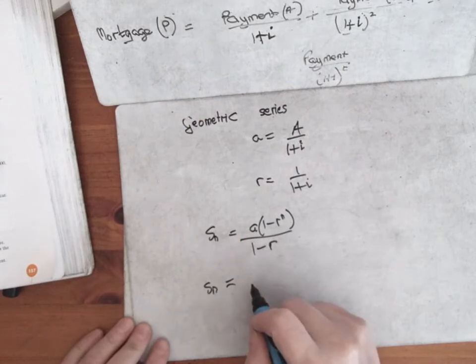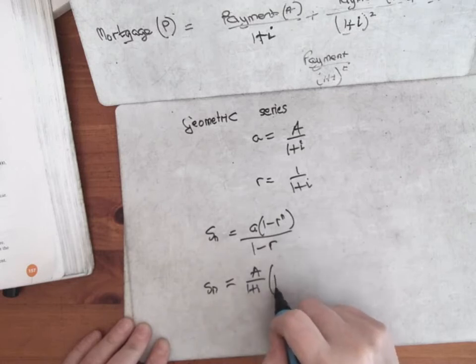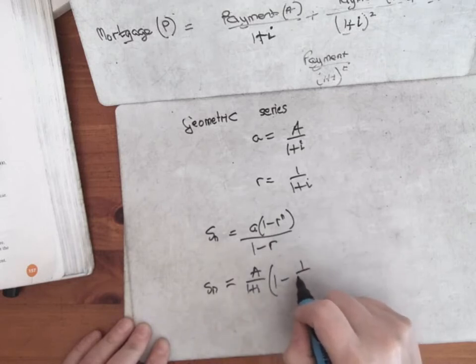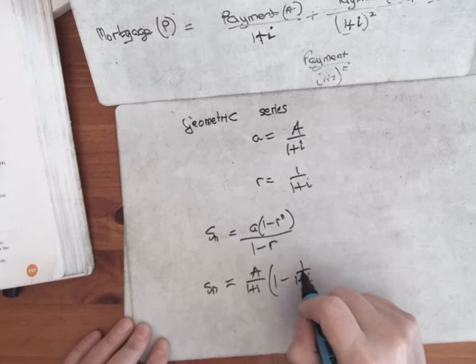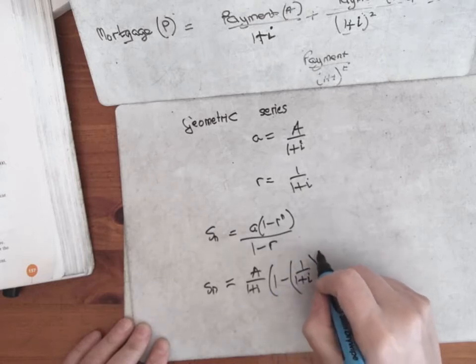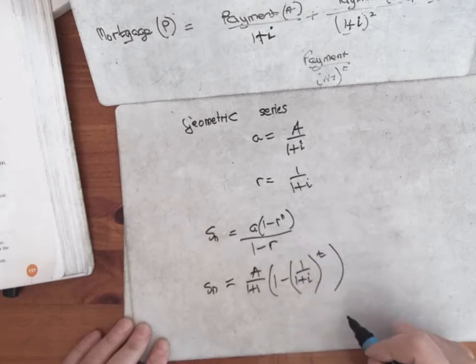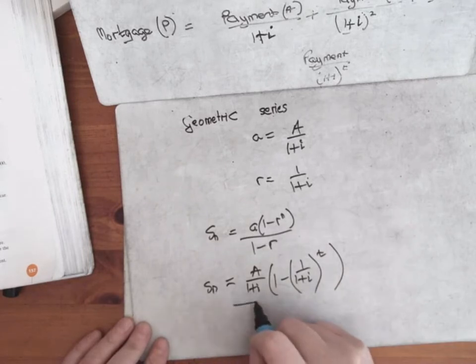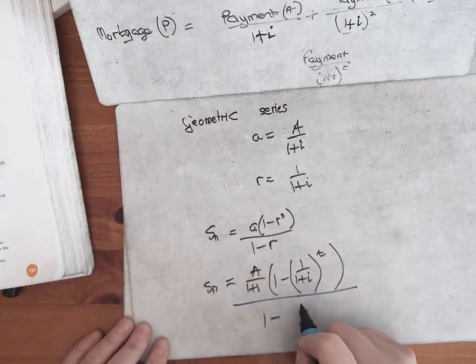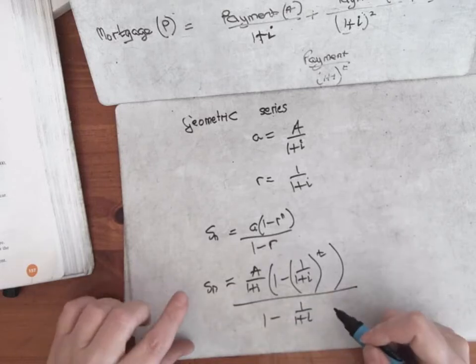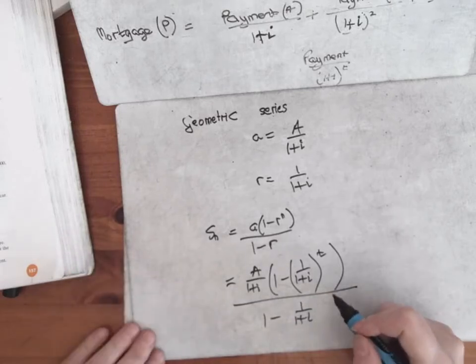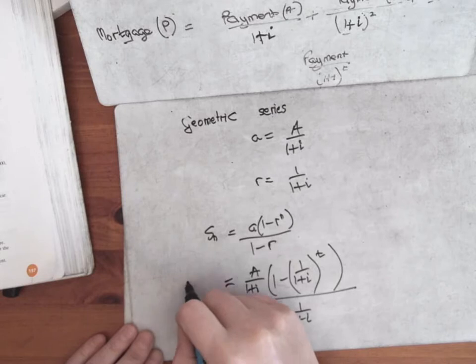So we have capital A, which is your repayment, divided by 1 minus I, all over 1 minus 1 all over 1 plus I, all to the power of T. T is the term of your loan, all over 1 minus 1 all over 1 plus I. So Sn is your mortgage or your principal.